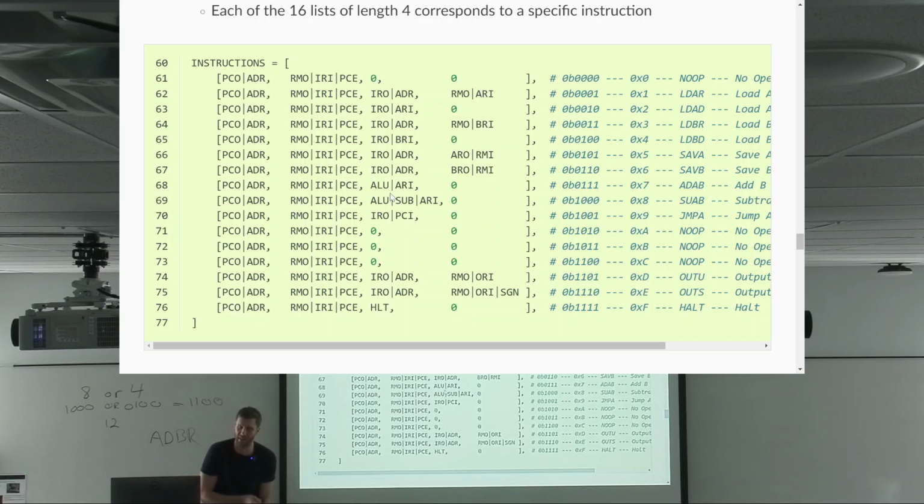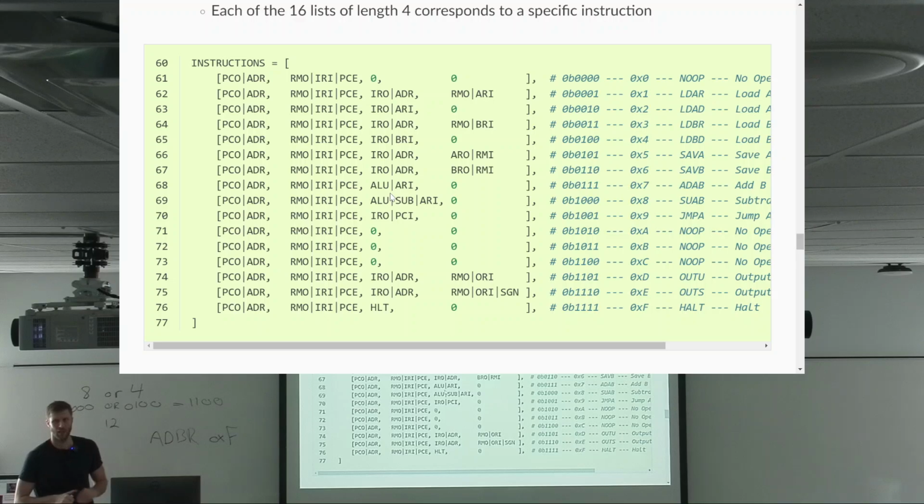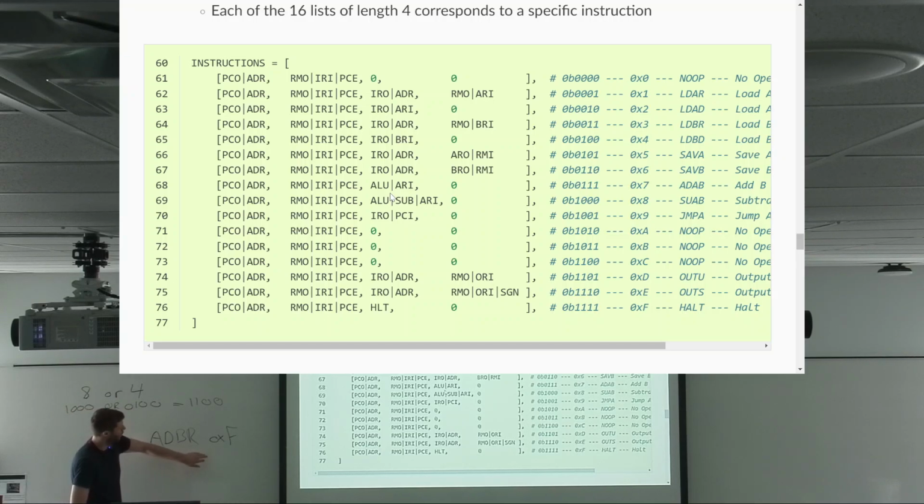What I want this to be is an add, but instead of saving the result into A, I want to leave A alone and save the result to some specific memory address, say 0xF. I'm just stylizing what I would have here. 10101111 would be the full 8-bit instruction.